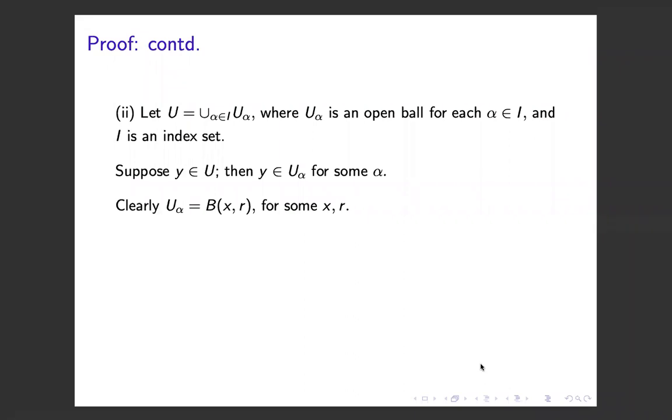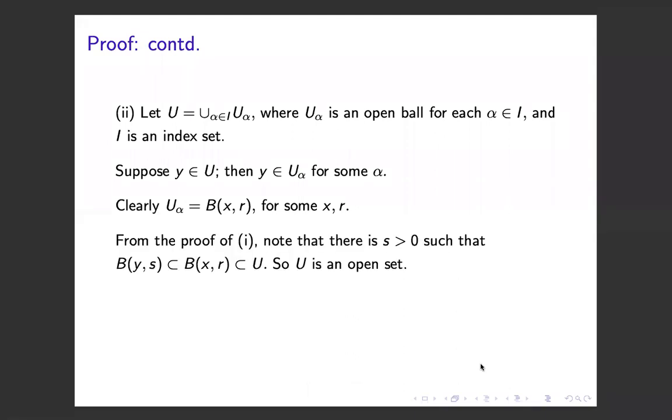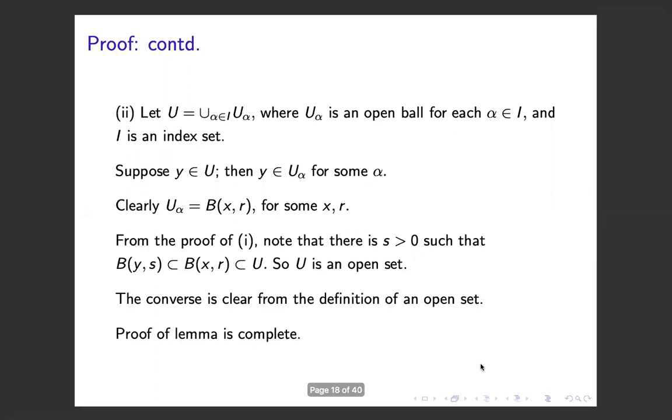And of course, since all these U alphas are assumed to be open balls, U alpha should be of the form B(x, r), which must have a center x and a radius r which is strictly positive. And from the proof of the first statement that the open ball is open, you have already seen that there is a smaller ball around that y, which is strictly contained in the bigger ball centered around x. So U is an open set. And of course, the converse is clear from the definition of open set itself.